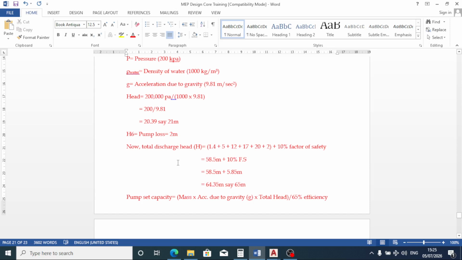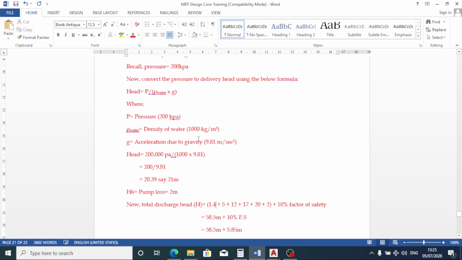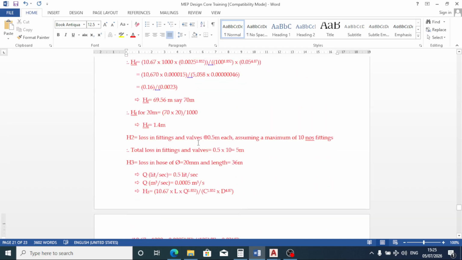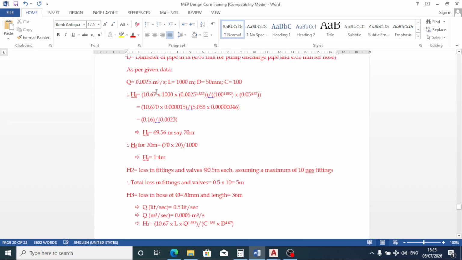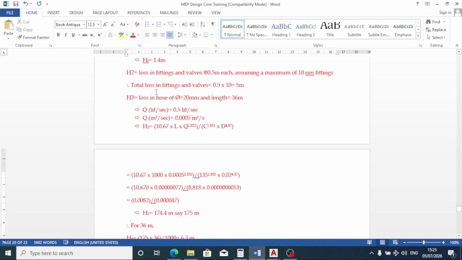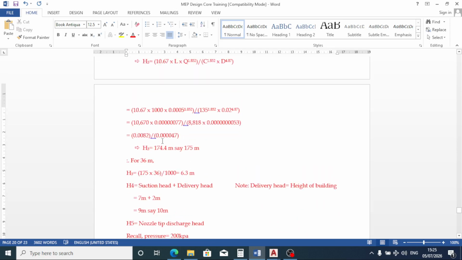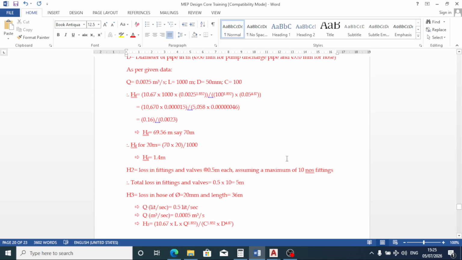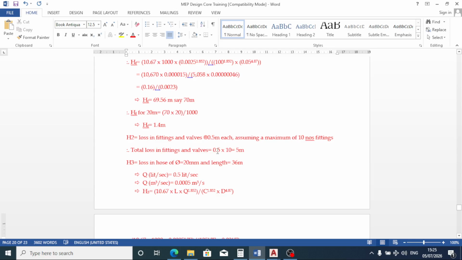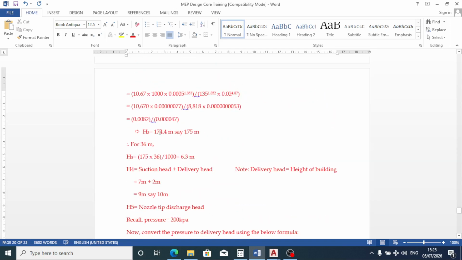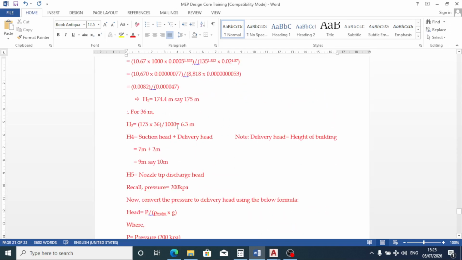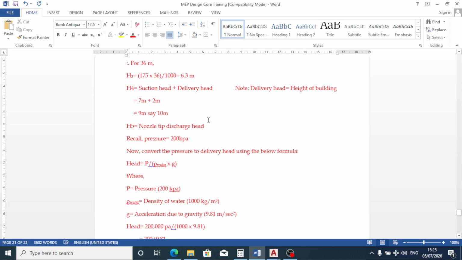Okay, our H2 is the number of fittings, which is 5 meter. Remember, each fitting is 0.5 meters, and we said we are assuming 10 number of fittings, so 5 meter.